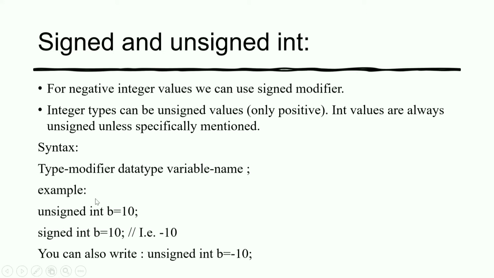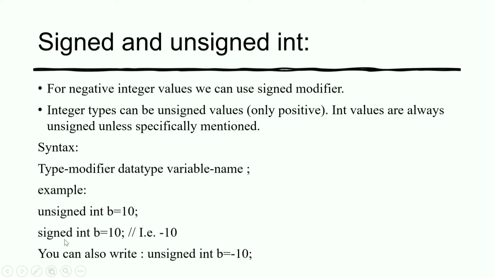For example, if we want to declare or initialize an unsigned integer variable, this is the syntax: unsigned int b is equal to 10. So the variable b will be initialized with the value 10, which is a positive value.